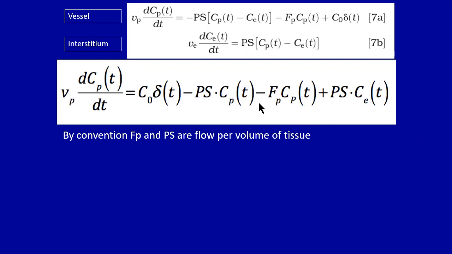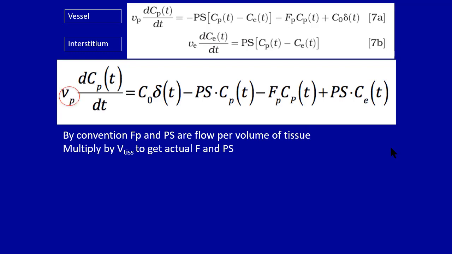So this equation includes the physiological measure, but in order for us to understand the mass balance and mass transfer, we need the actual permeability and the actual flow. Therefore, we should multiply by the volume of tissue. We should multiply everything by the volume of the actual voxel to get the actual flow and permeability.